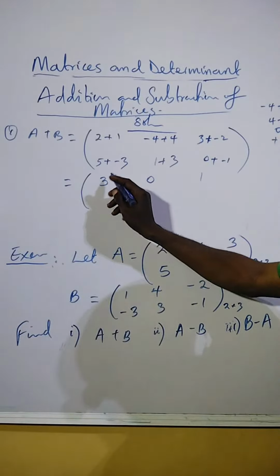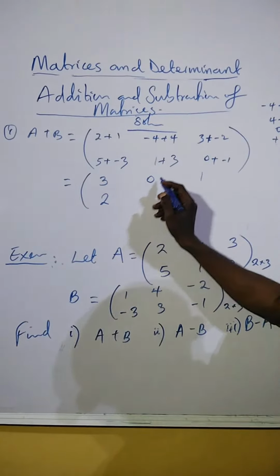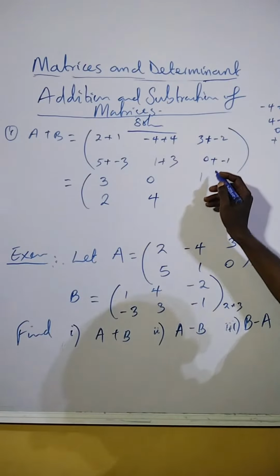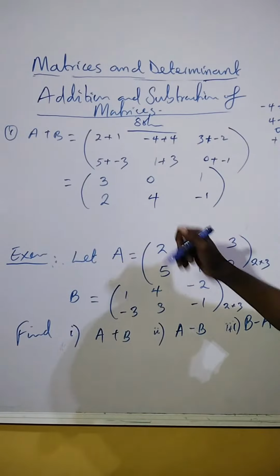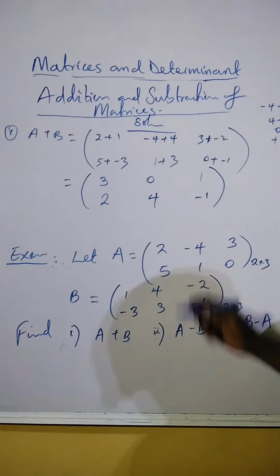Same thing here, 5 minus 3, that's 2. 1 plus 3, 4. 0 minus 1, that's minus 1. So here we have the results of A plus B.